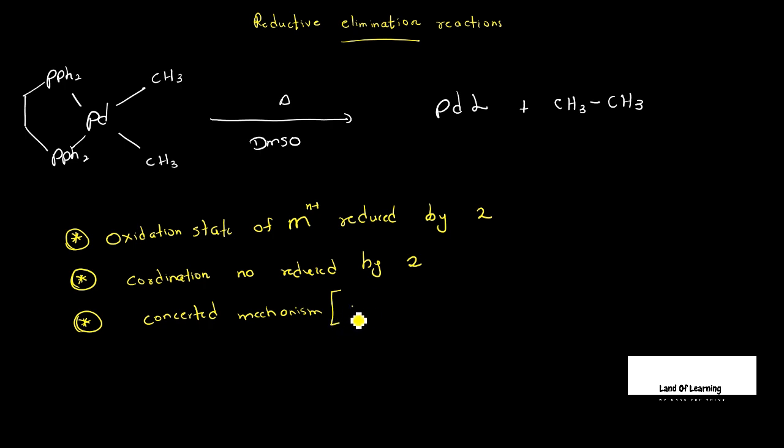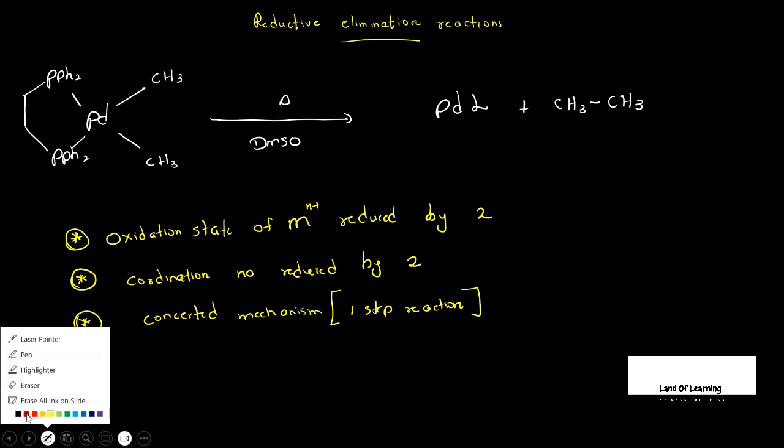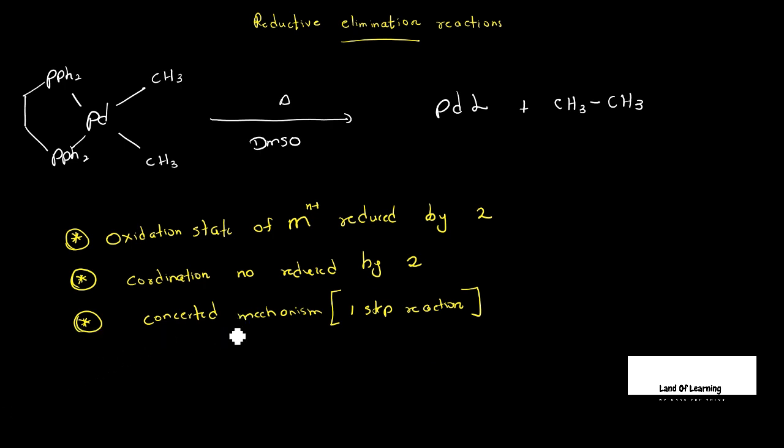So this is a one step process, a one step reaction. And the other main thing is, if the reaction mechanism is concerted type, the bond formed over here is mostly non-polar.